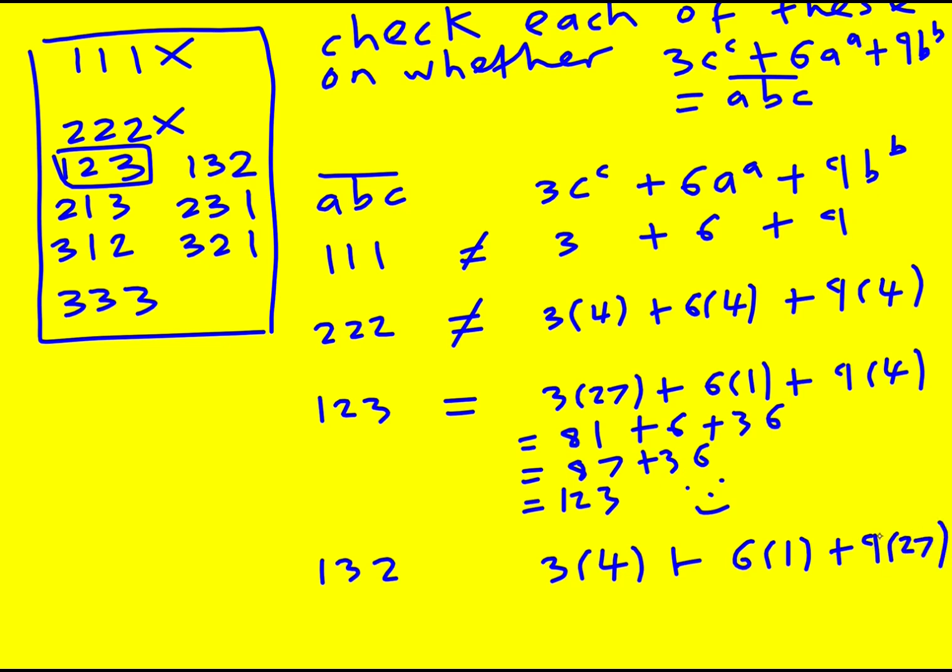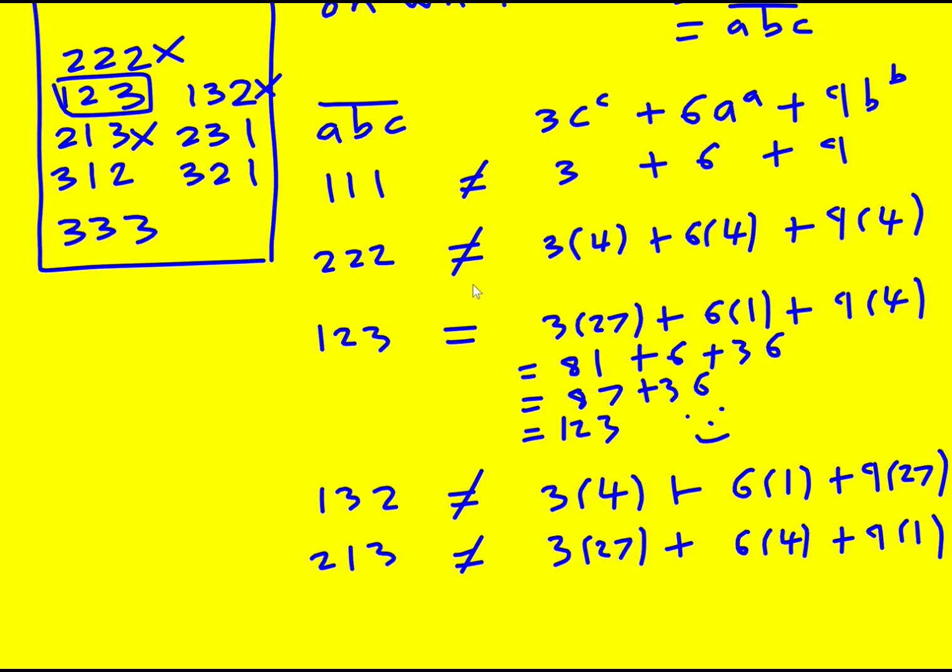That's immediately going to be bigger than 180, so that one's no. 213: 3 times 27, 6 times 4, 9 times 1. Okay, that's not going to be big enough. And we carry on. At this point, spoilers, there's not going to be another solution, but I'm just going to carry on writing them down, even though you wouldn't know this until you've checked them all.